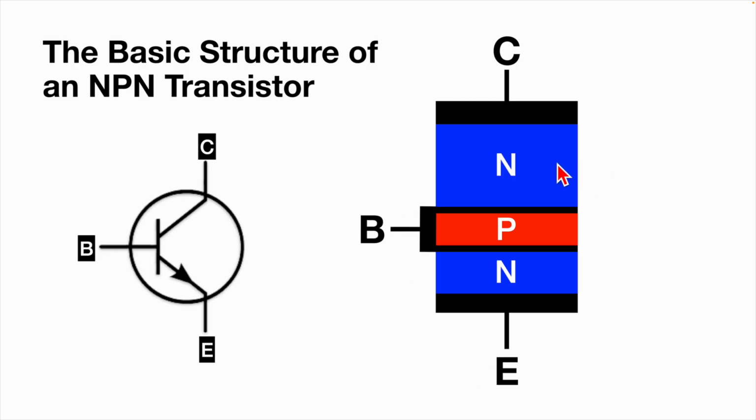And what we've got essentially is three conductive areas. We've got an N area, a negative area. We've got a P, a positive area, and another N negative area here. And it's a little bit like a sandwich, really. You've got two slices of N bread with a nice dollop of P positive in the middle of your sandwich.